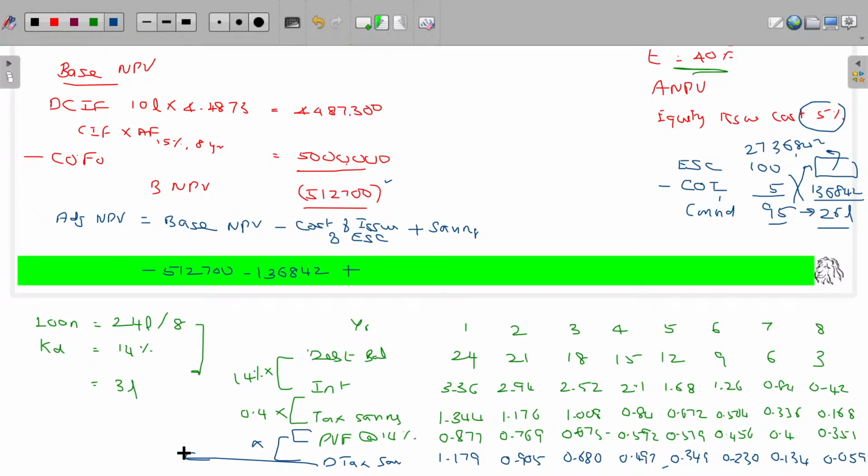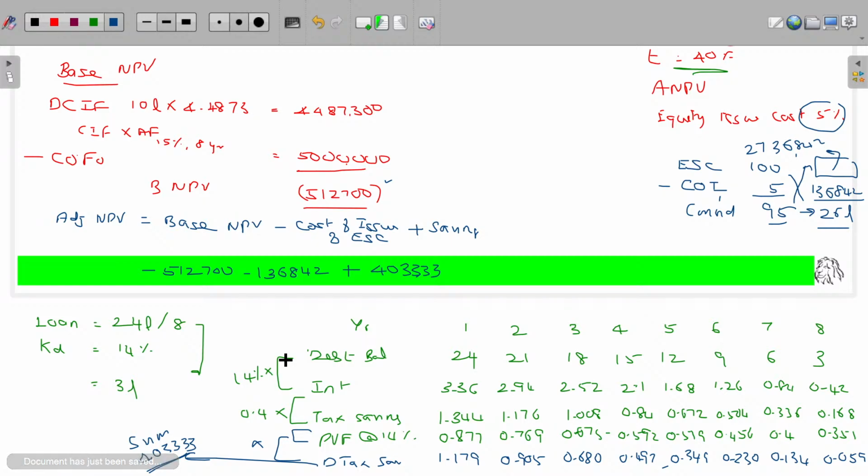And summation of the entire tax savings being 4,03,333. That will be addable here, 4,03,333. So you have to find out the base NPV using only the KE.